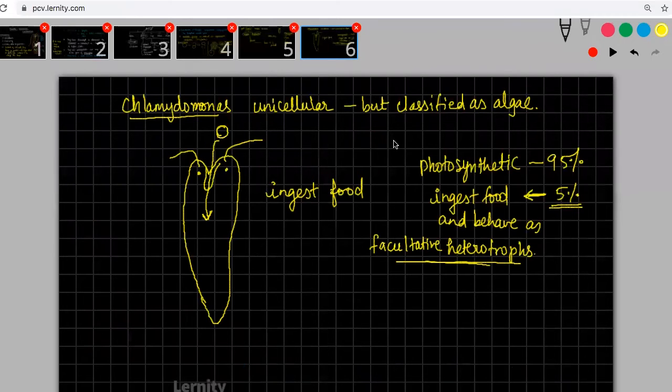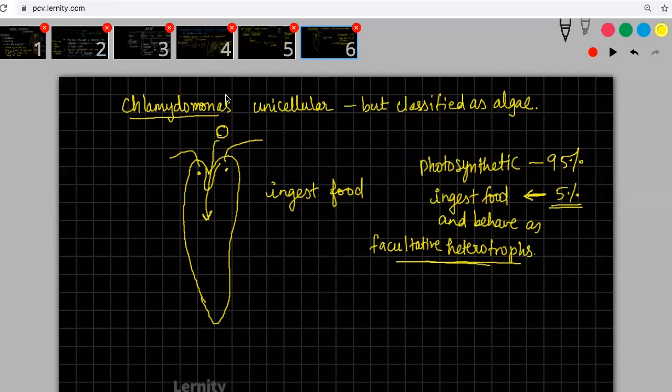Usually algae should include only multicellular organisms, but Chlamydomonas is strangely placed in that class of algae because they have some complex structures. The structure of Chlamydomonas is somewhat different from protists in terms of organization. It is slightly complex. So you can call this a unicellular algae.